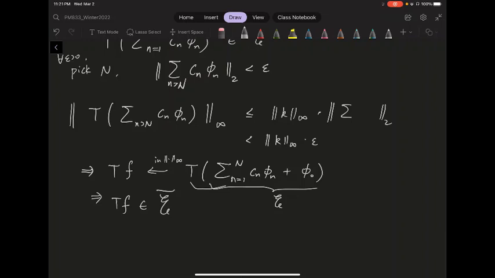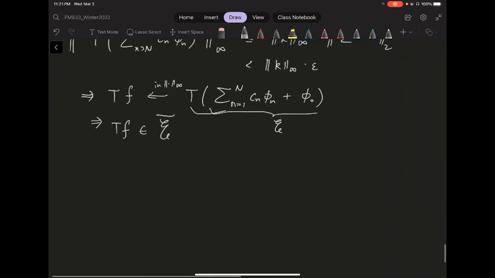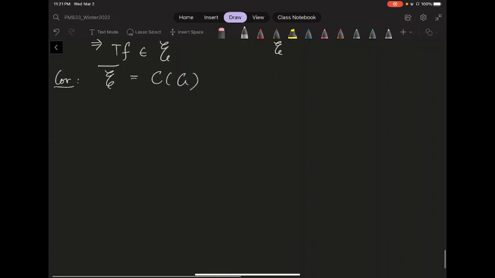And now because of that, everything is kind of trivial. As an immediate corollary, we can prove the first version of the Peter-Weyl theorem. It just shows that the closure of E is equal to C(G). The proof is basically what we already described.